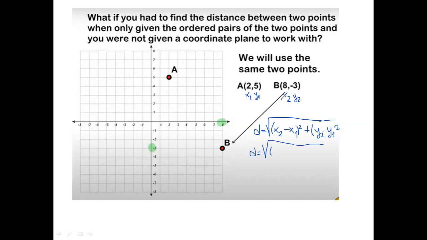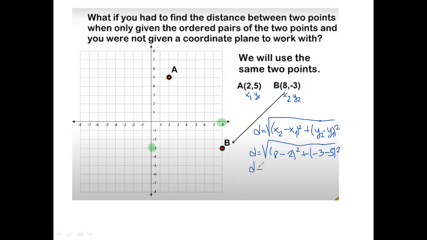So instead of x2, I can write down 8, minus x1, which is 2, squared, plus for y2, I can write down minus 3, minus for y1, I will write down minus 5, squared.